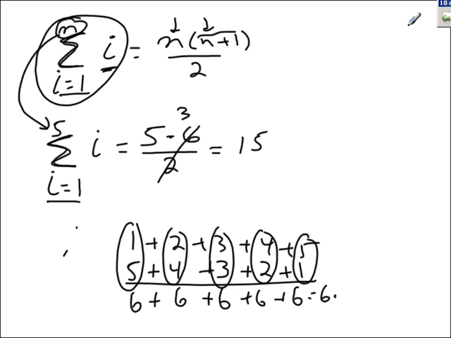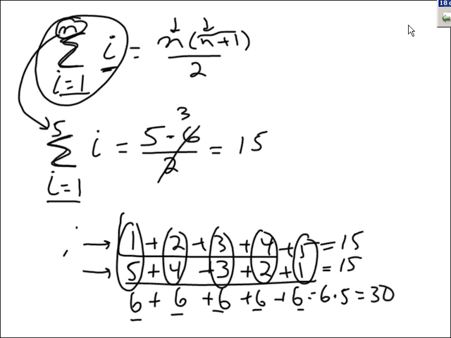This is 6 times 5, or 30. Since this line and this line are equal to one another, and the sum is 30, the top line is 15, and so is the second line. This is n times n plus 1 over 2. You must know that formula.